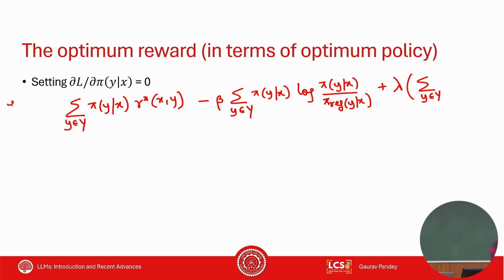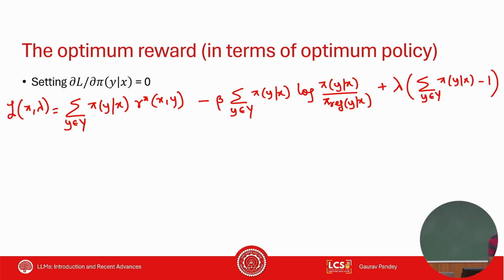So this is simply L of pi comma lambda. Is this fine, everybody? Okay.